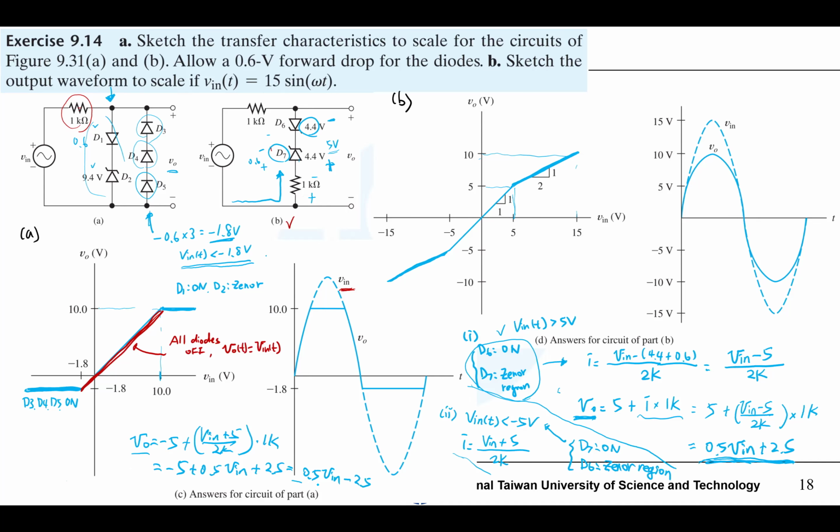So we had another equation here. If this is minus 5, this is minus 5, this is minus 5. Okay. If it is minus 15, it is minus 10. This is minus 15, 2.5 times V in is minus 15, and then minus 2.5, it is minus 10. Okay, this equation is correct.